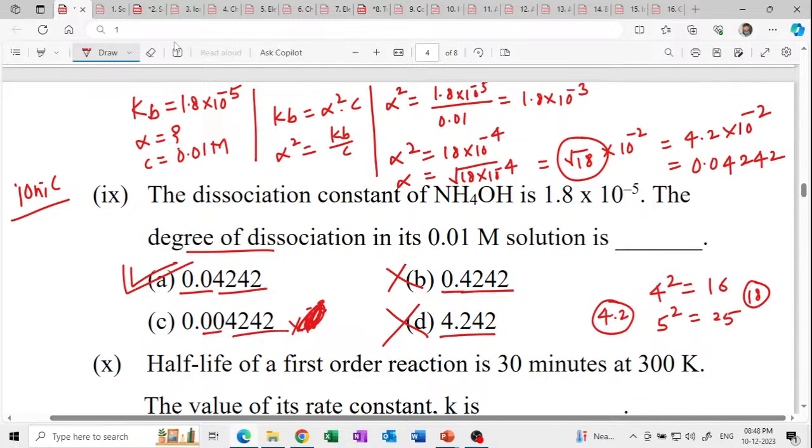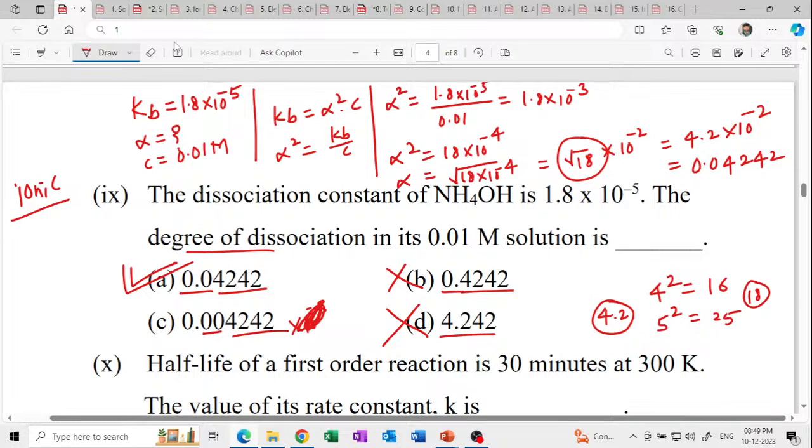So alpha is equal to under root 18 into 10 raised to minus 4. Under root 10 raised to minus 4 becomes 10 raised to minus 2. What is the under root 18 value? It is predicted using 4 squared as 16 and 5 squared as 25, so under root 18 should be in between 4 and 5.